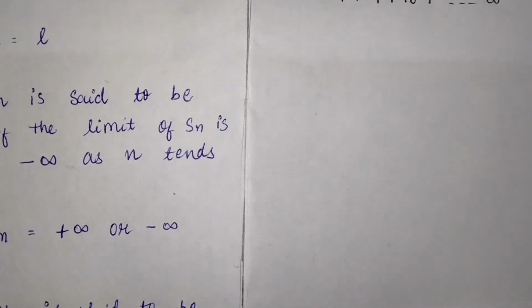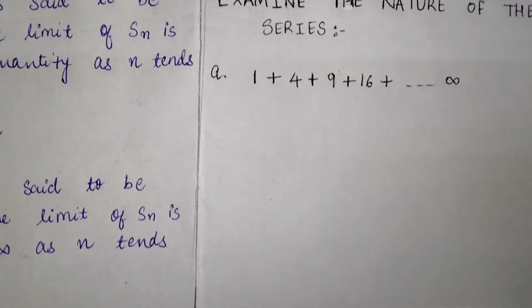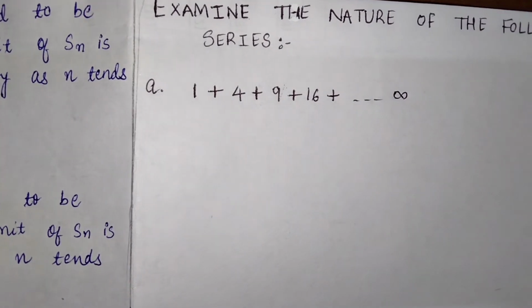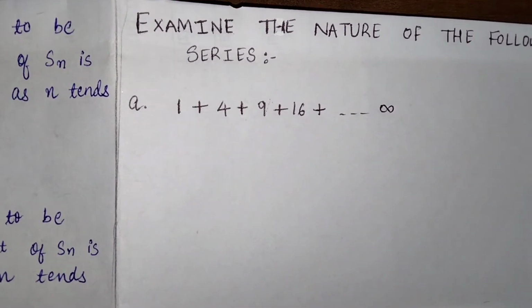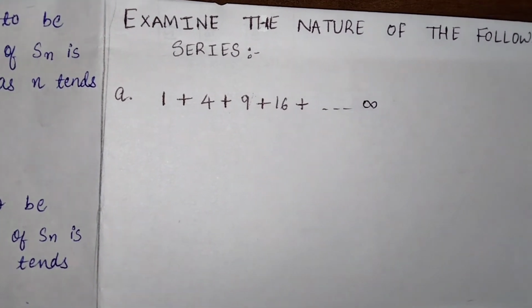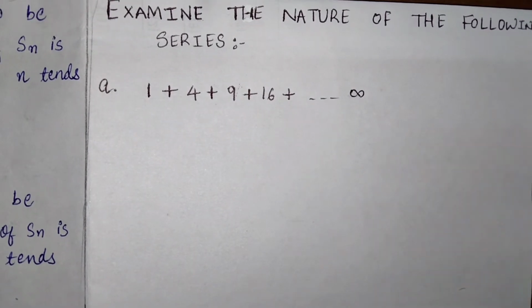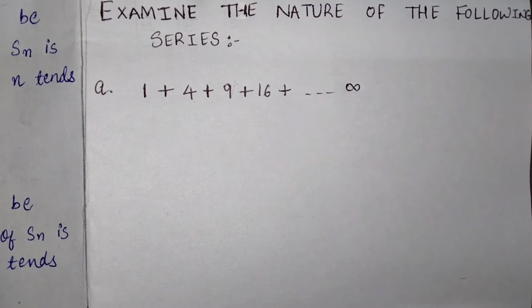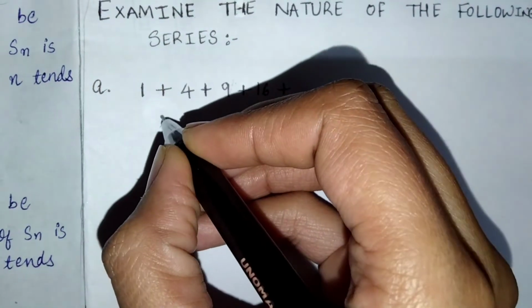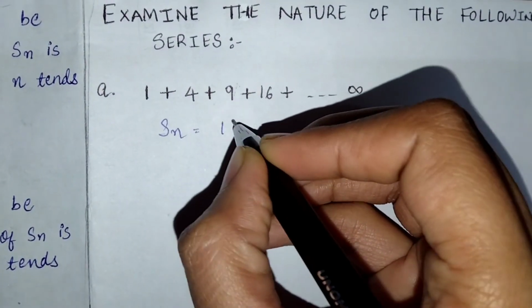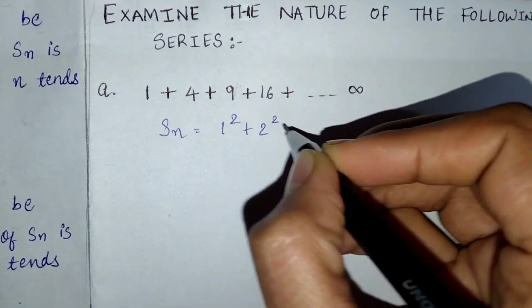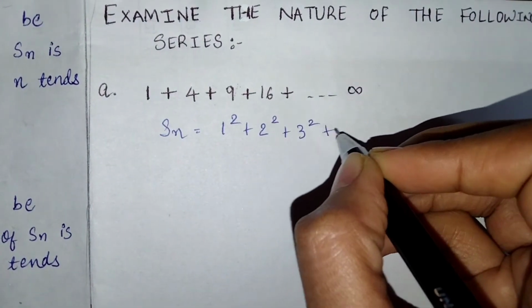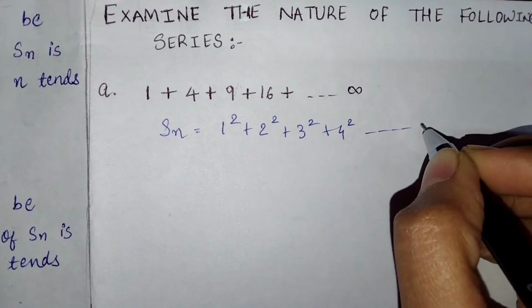So now let us move towards the examples of series, and we will examine the nature of the following series. Now from this we can write that our series Sn is equal to 1 square plus 2 square plus 3 square plus 4 square up to infinity.